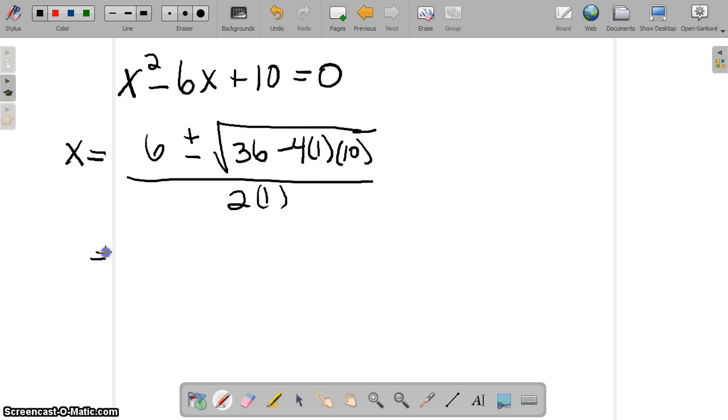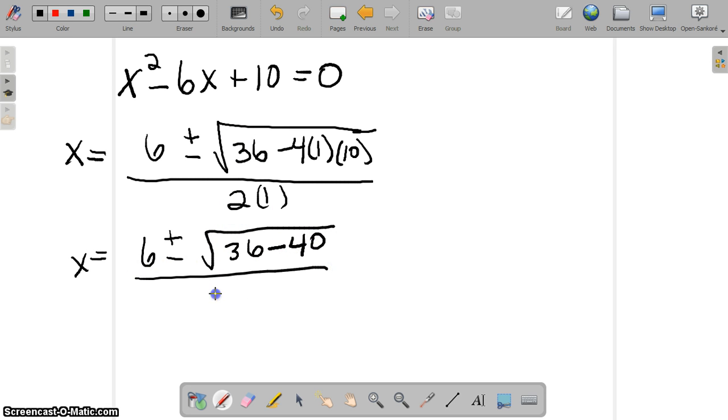Next step, let's simplify this. We've got the square root of 36 minus 40 all over 2. I think you might be seeing the problem here, although it's not really a problem.